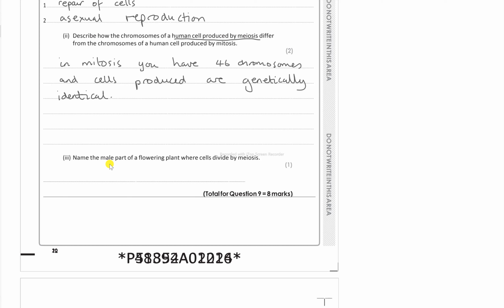Name the male part of a flowering plant where the cells divide by meiosis. Anther, or they also call it stamen.